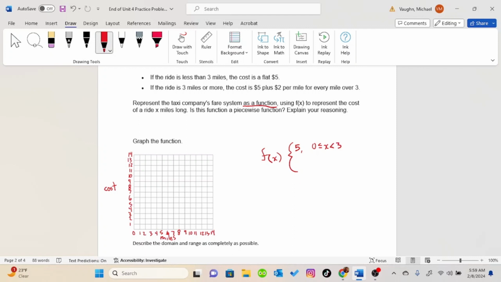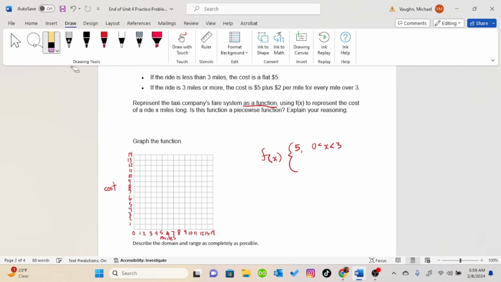So we're going to put a solid point. Well, we should actually just put less than for 0, because technically if you don't have any distance, then you didn't really have a car ride.